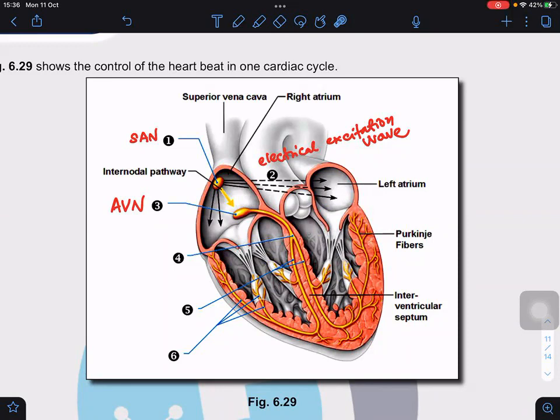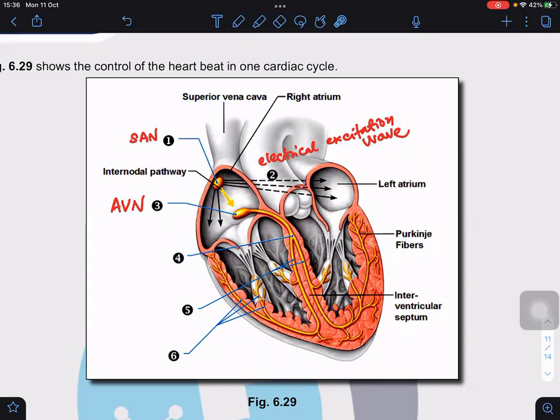Therefore the AVN picks up the excitation wave and sends it through the bundle of His at the septum, all the way down to the apex of the septum, and then upward through the Purkinje fiber.